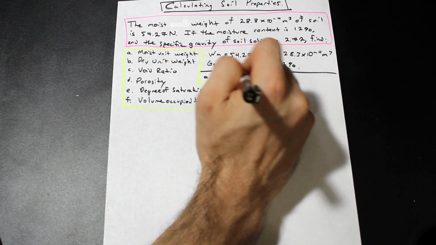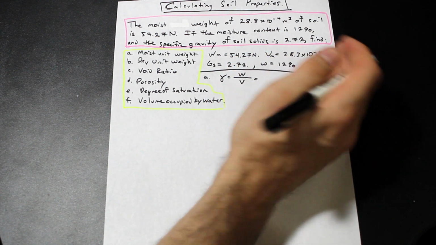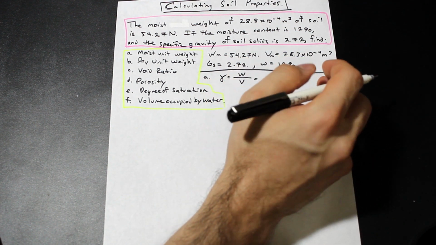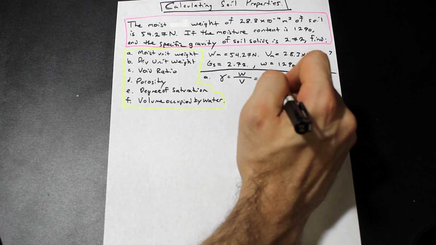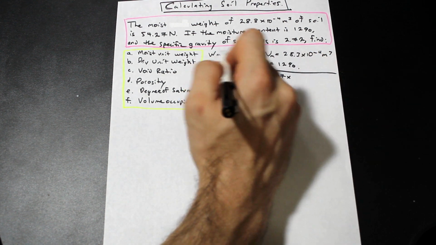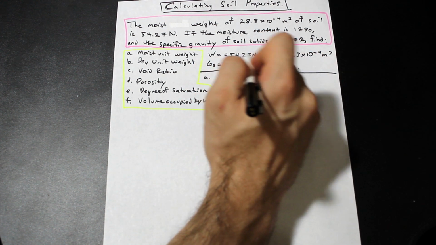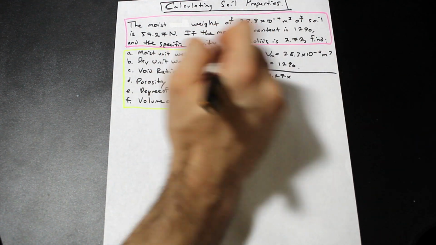The weight is going to be the weight of the water and the weight of the solids, divided by the total volume of the sample. We're going to get that by dividing 54.27, the weight of the moist soil sample, converted to kilonewtons.